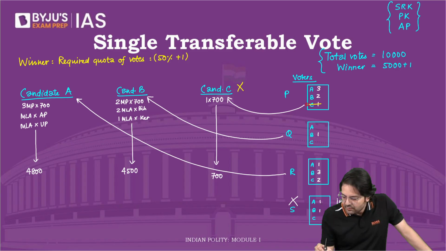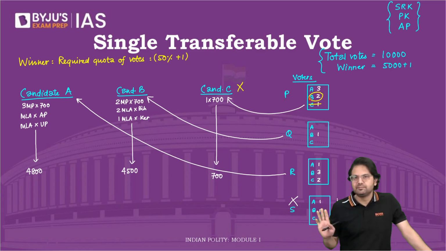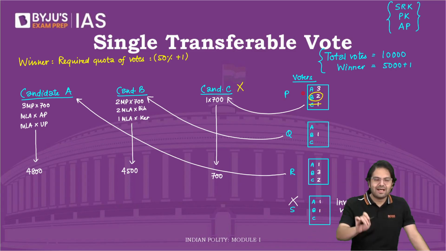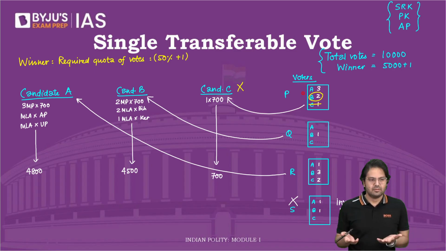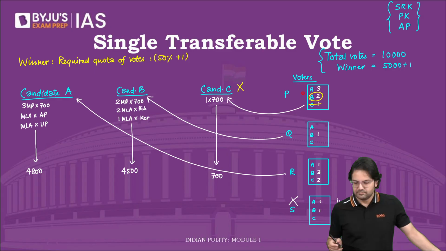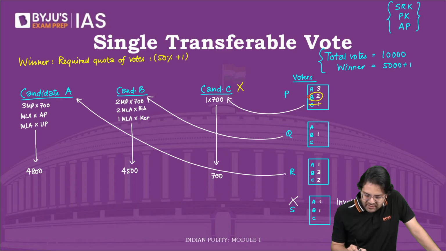So P's vote now goes to B. Did you all understand this point? P's vote now goes to B. Clear? Everyone? Second choice. Okay. So this vote can now be sent here.